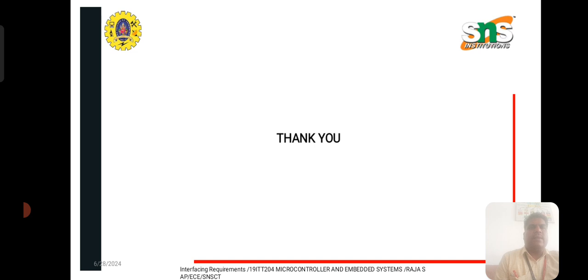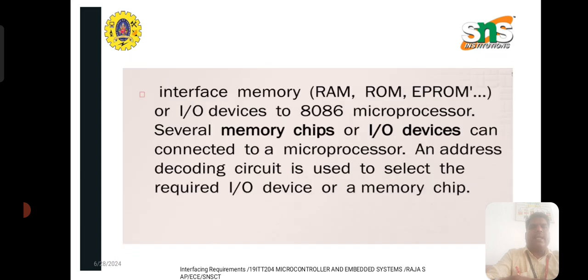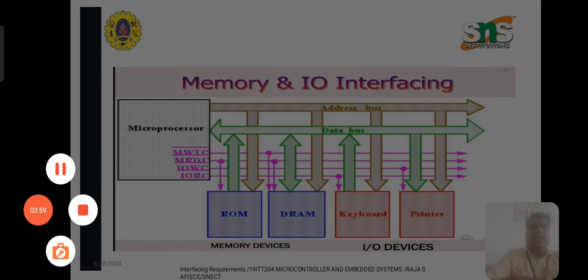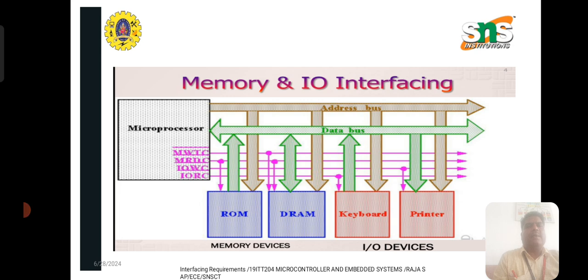So in this video, I discussed the various requirements of input output memory and how these are interlinked with the data bus and address bus, and also I made a comparison between the two. In general, the input devices of 8086 are the keyboard, analog to digital converters, or some sensors.